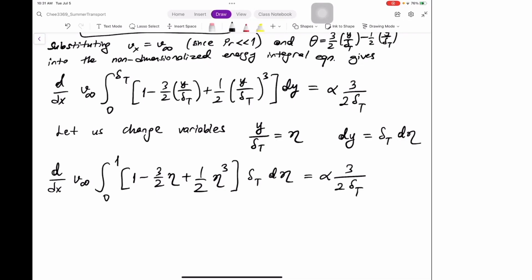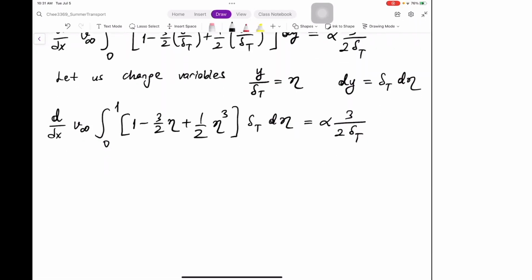Then you can take this delta t out, but you cannot take it out of the derivative because delta t is going to be a function of x. If you do this integral again, you should find 3 over 8.